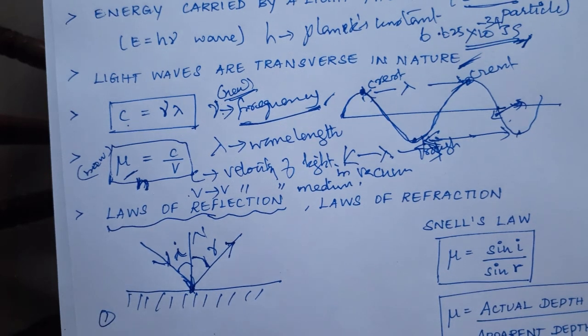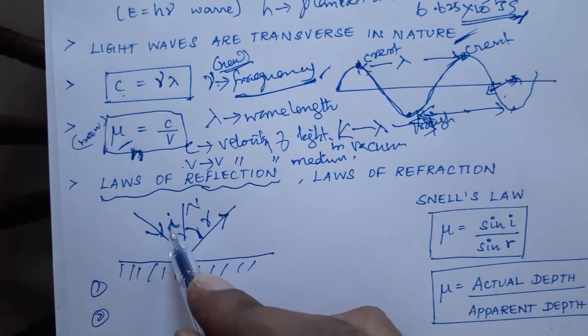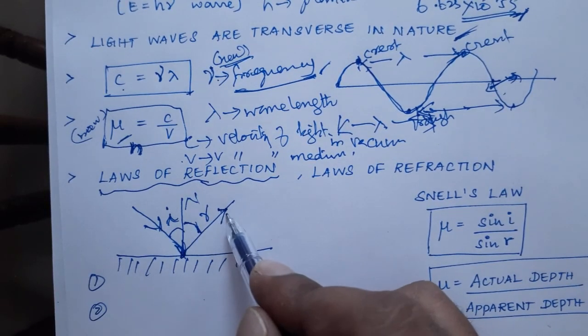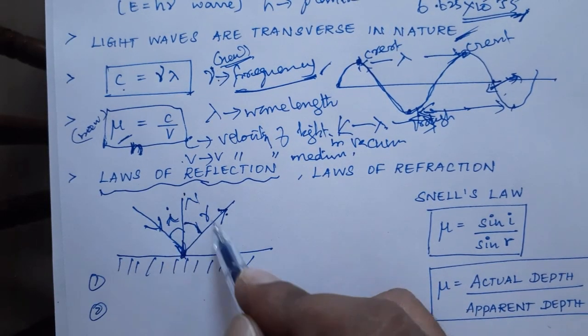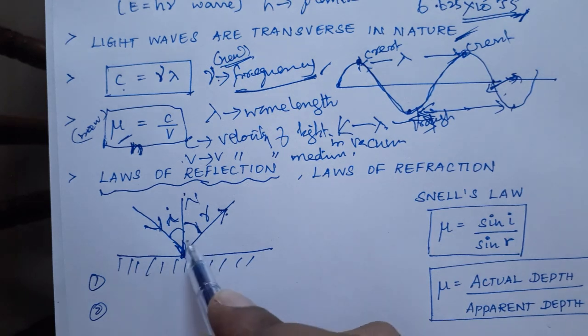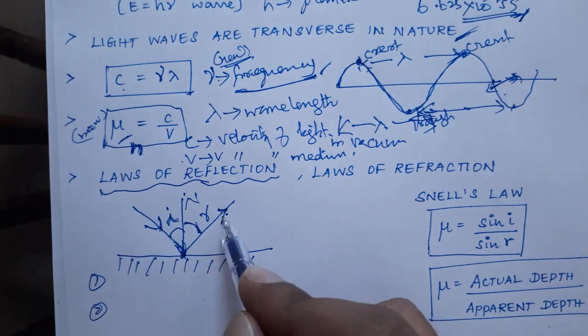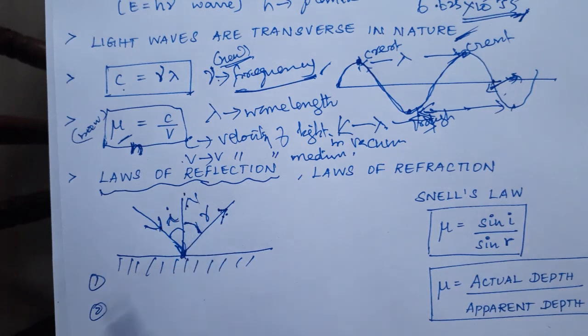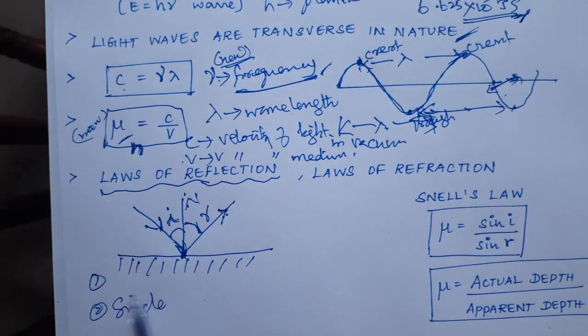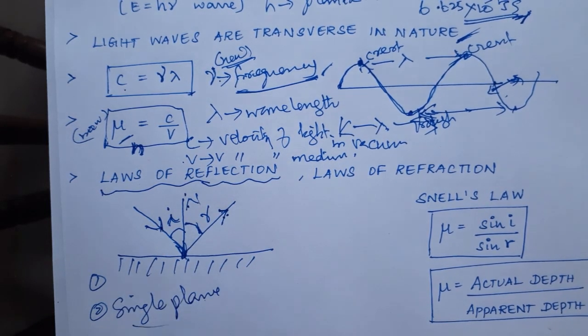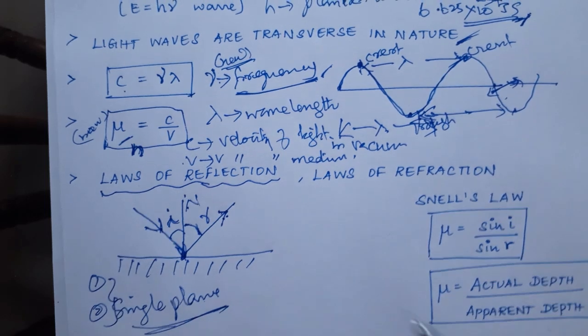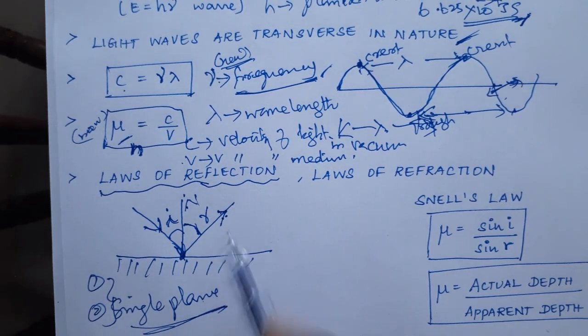And the second law is that the incident ray, the reflected ray and the normal all lie in a single plane. So these two are termed as the laws of reflection.